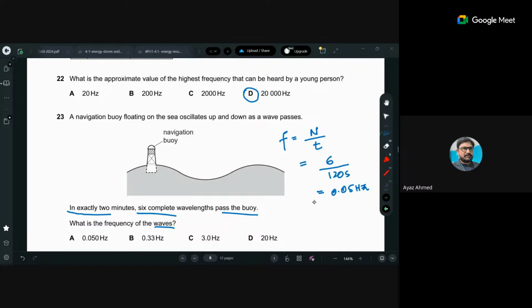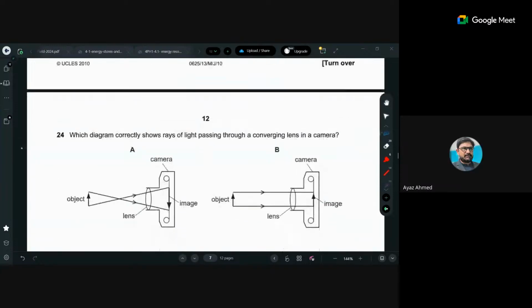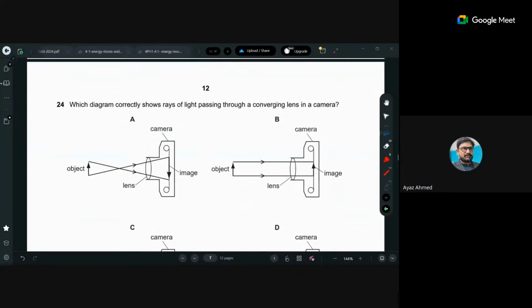Is it clear to all? Yes. Good. Now, moving towards lens and camera. Which diagram correctly shows the rays of light passing through the converging lens in the camera?